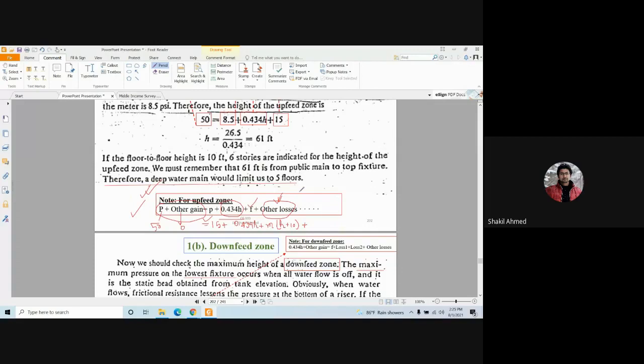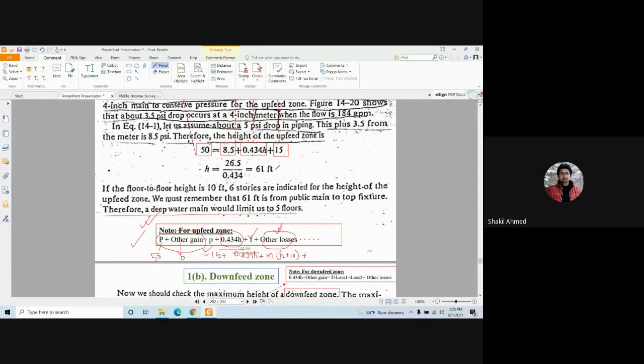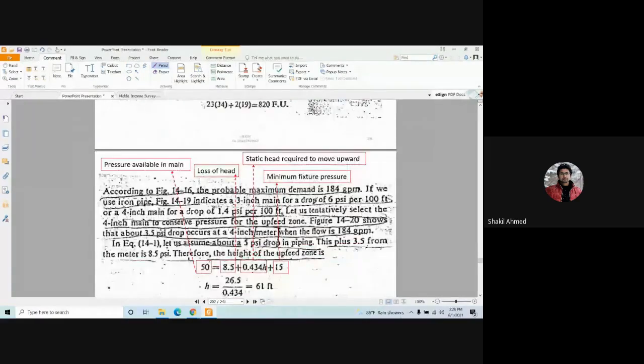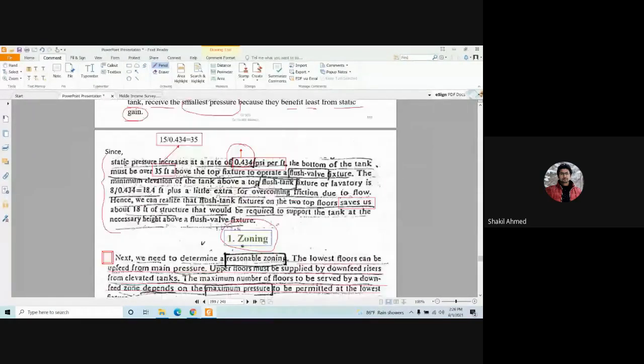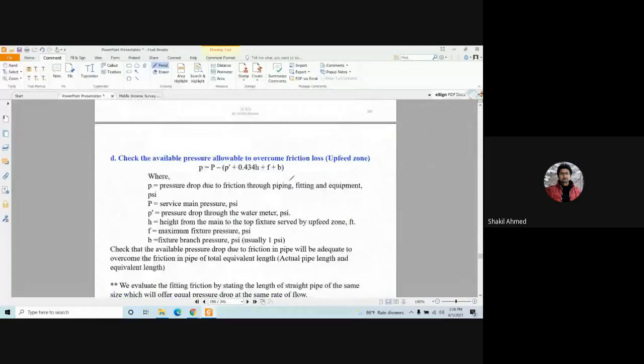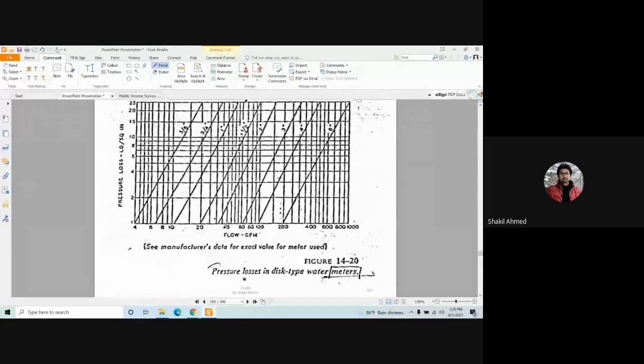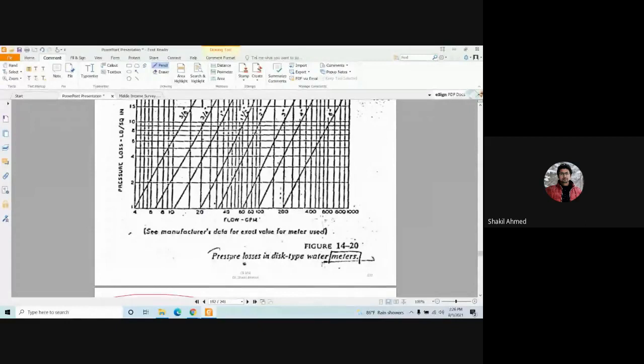Now the thing is, here you still do not know h, and m is not given, by the way. In reality, m is not given. Why? Look at this. This figure tells you the pressure losses in a water meter.